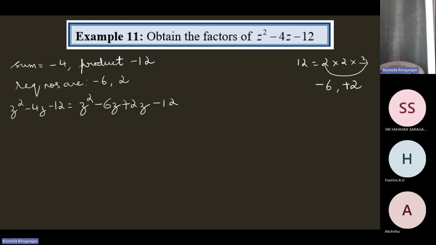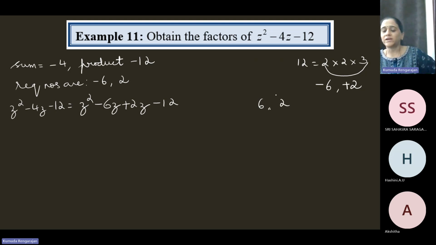Plus 6 and -2: how will that give you -4? +6 and -2 is +4, but you need -4. See, it's so simple. You got the numbers 6 and 2.